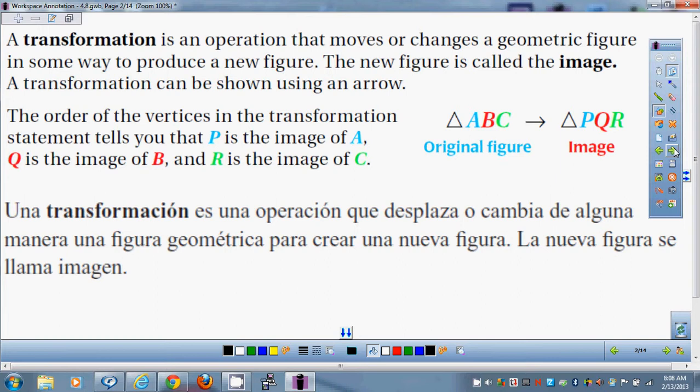Transformations. We're just going to take some shapes, and yes, you're going to have to do some graphing today. Just about everything is on the coordinate plane. It's not going to be hard graphing, but you are going to do some graphing.